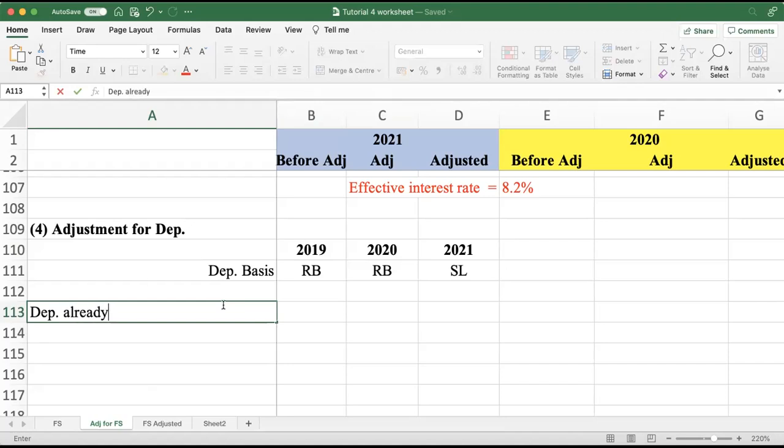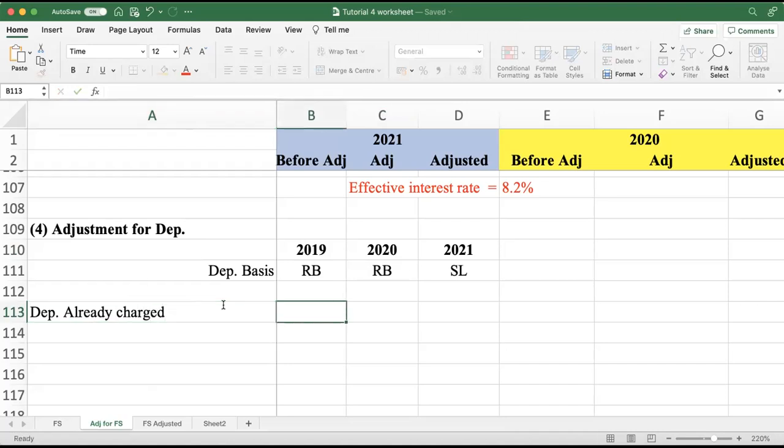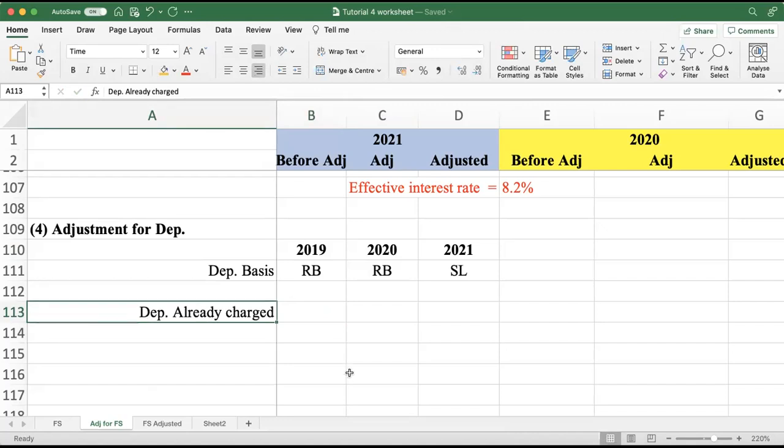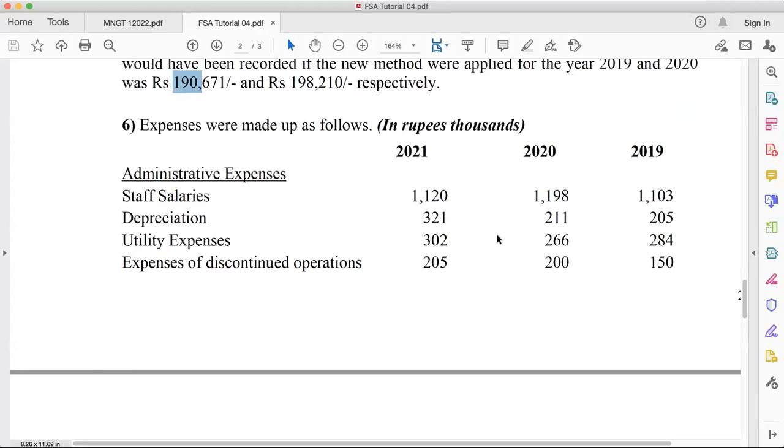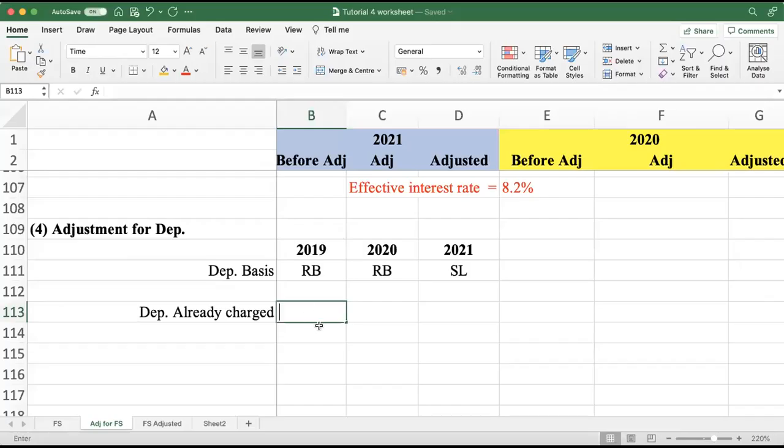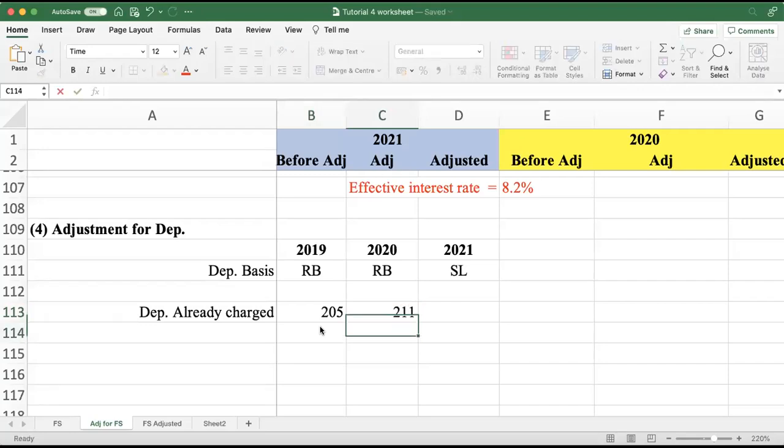How much? You see the question. 2019, 205. 2020, 211. Depreciation already charged, 205 and 211.